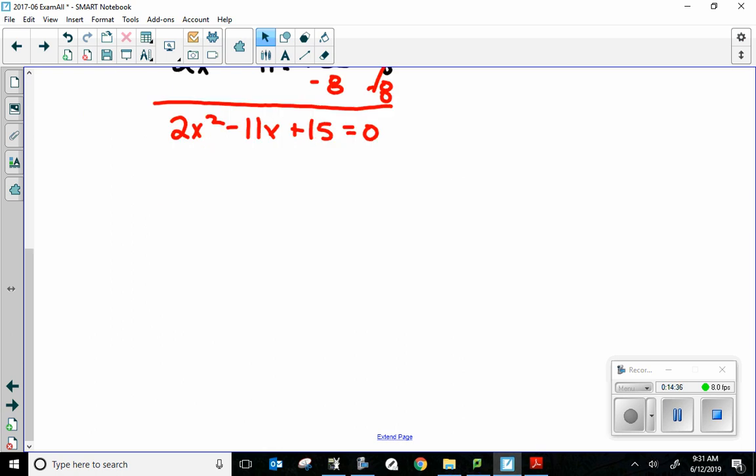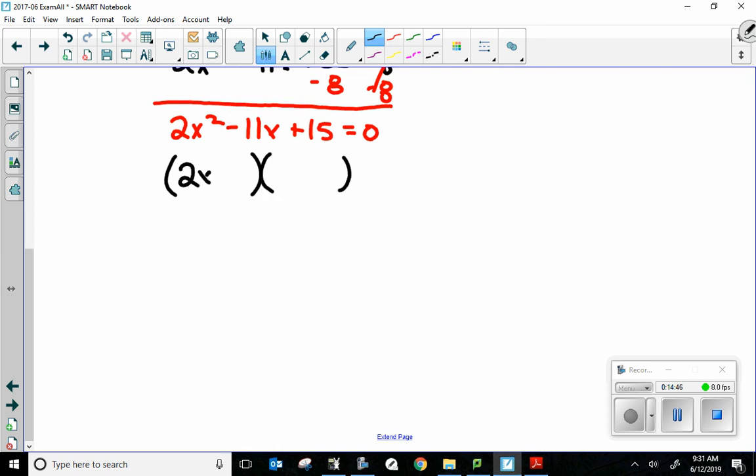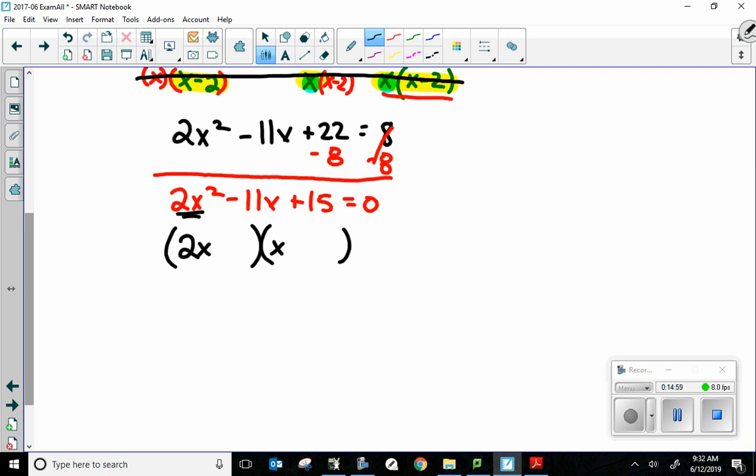I tell my kids to do slip and slide at this point, where I slip the 2 out back, but I'm just going to do kind of a guess and check. I know that I have 2x times 1x. That gives me my 2x squared. So what multiplies to be 14? Wait, that should be 14, shouldn't it? 22 minus 8 is 14.